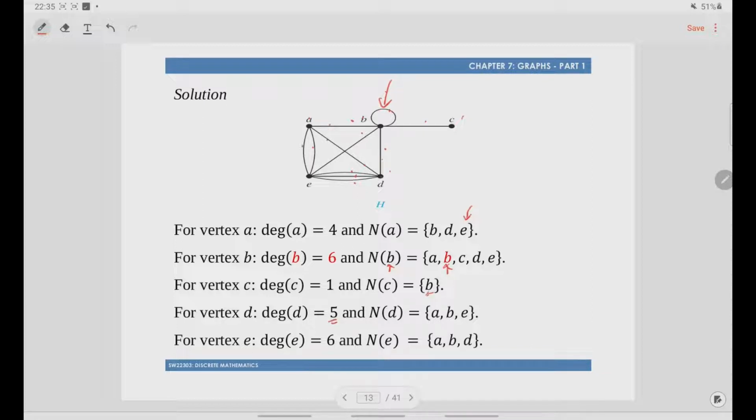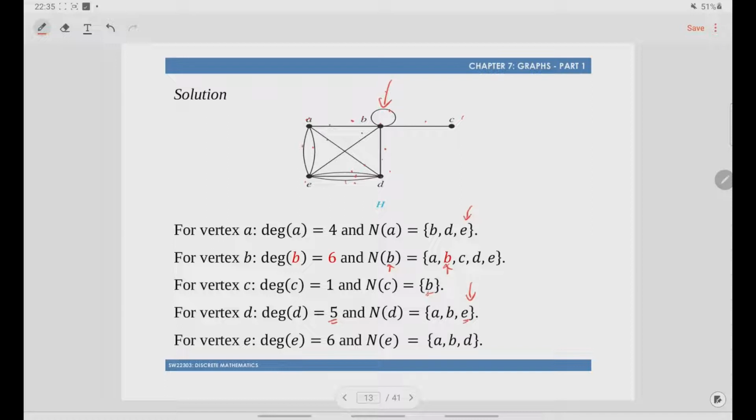But there are only 3 vertices connected to it: A, E, and B. Although E is connected three times, we only write E one time in the set. Just a single E here is enough.